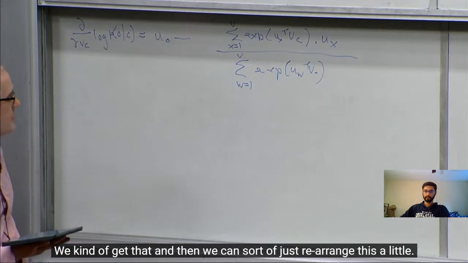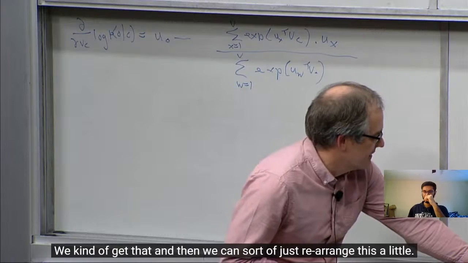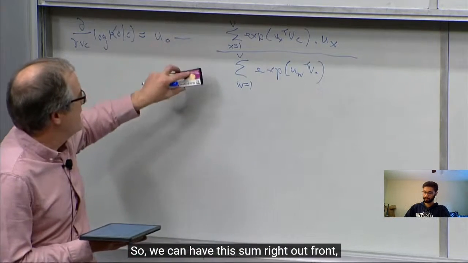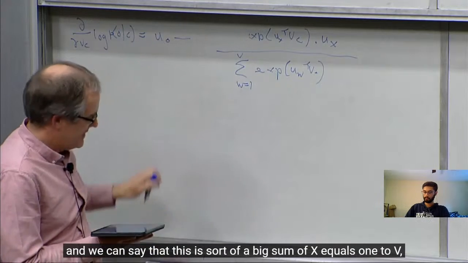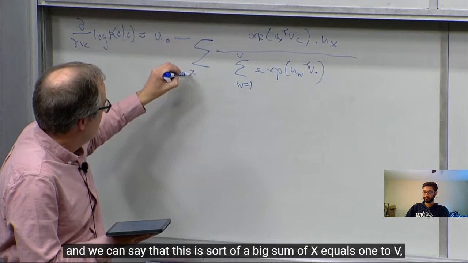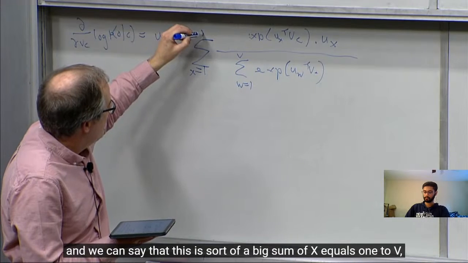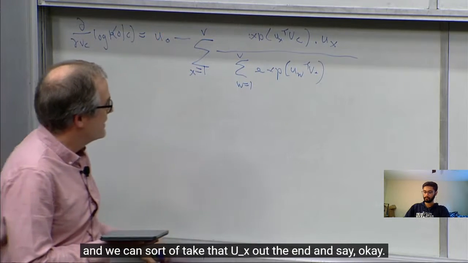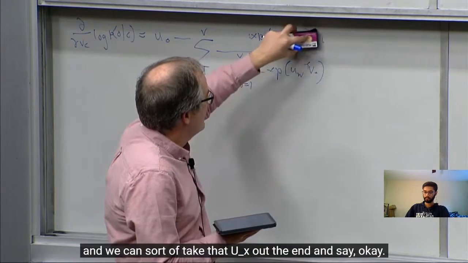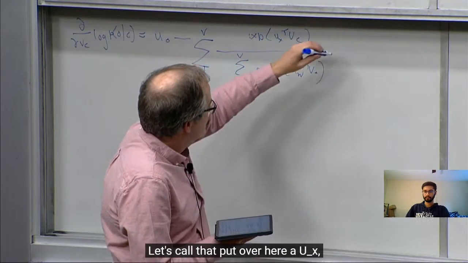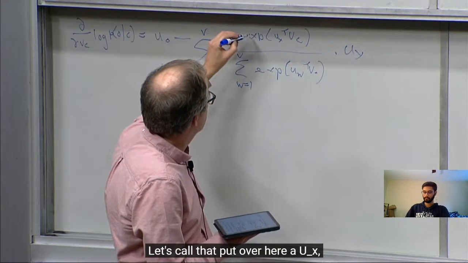And then we can just rearrange this a little. So we can have this sum right out front, and we can say that this is our big sum of x equals 1 to V. And we can take that u_x out the end and put over here a u_x.